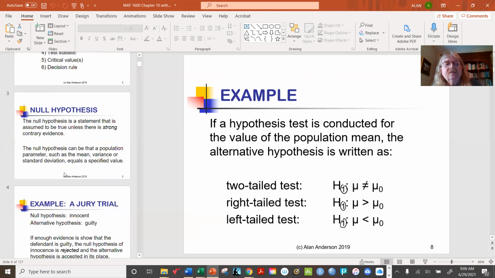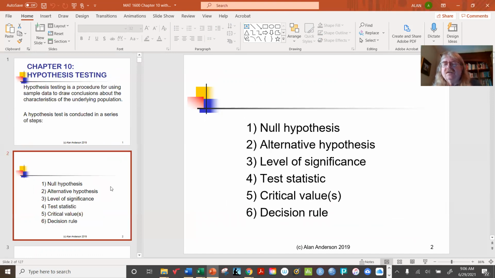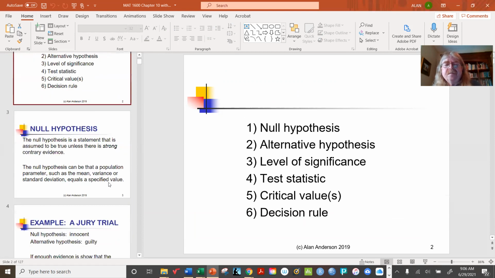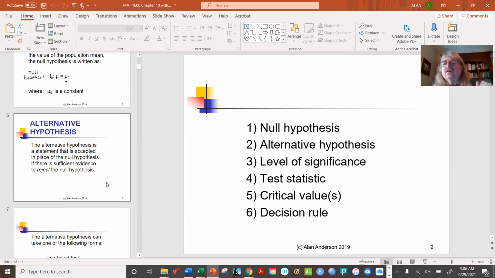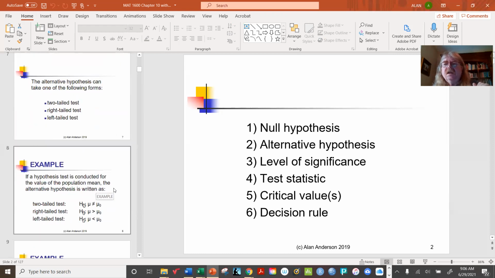Now, the third component of this process is the level of significance, which actually we've seen before in chapter 9. You might recall that when we were trying to construct a 95% confidence interval, we had this term alpha, which was equal to 5%. That alpha is known as the level of significance.